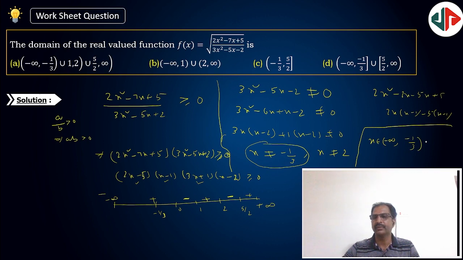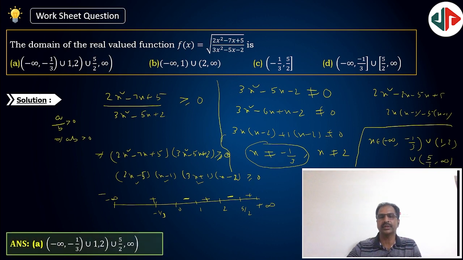And union from 1 to 2, union 5 by 2 to infinity. So for 2 also open bracket. 1 is open bracket, 2 is open bracket. So option A is correct. Oh, sorry, here I wrote factors wrongly. It is minus 5x, minus 2. Oh sorry, minus 2. Correct. Option A is correct.